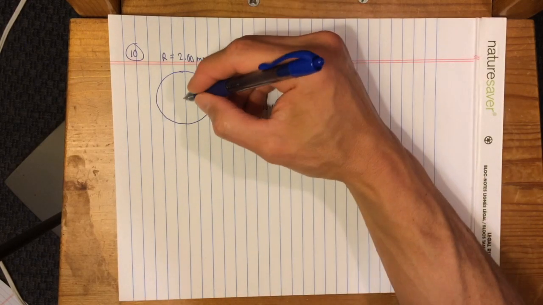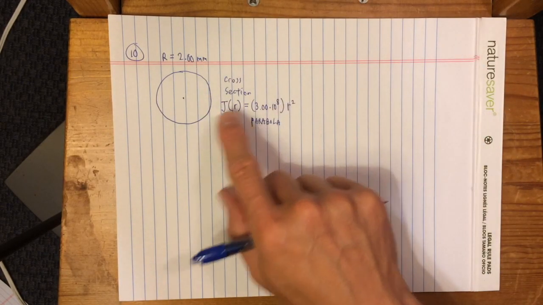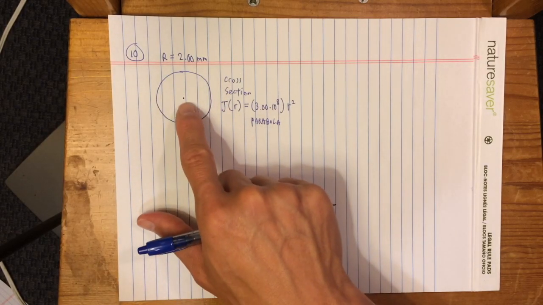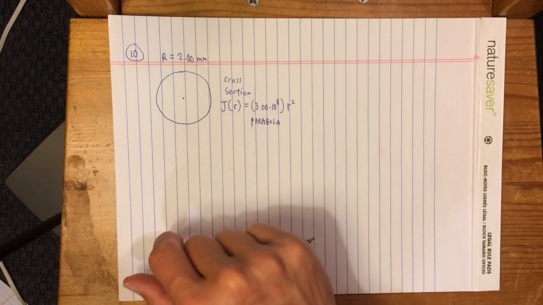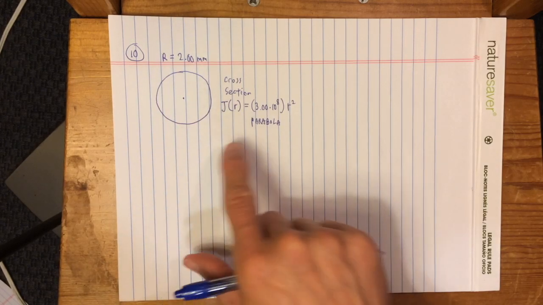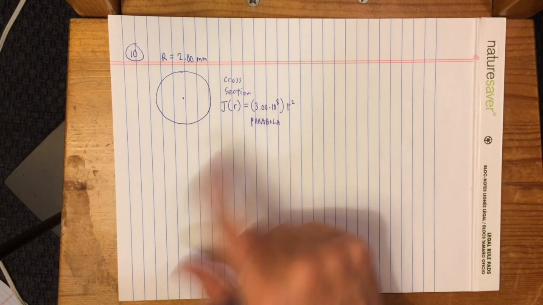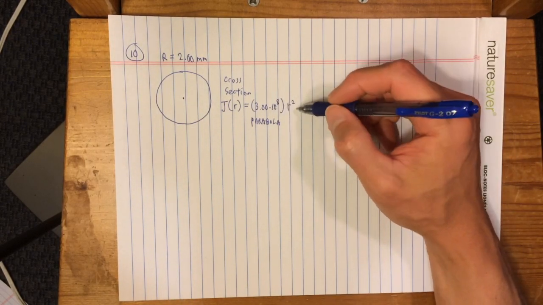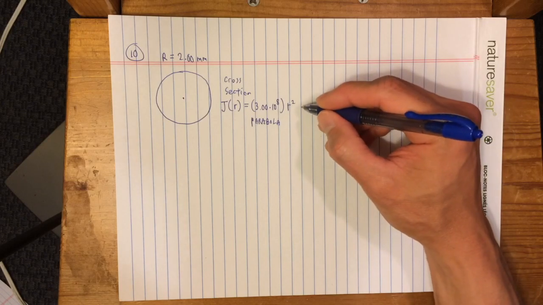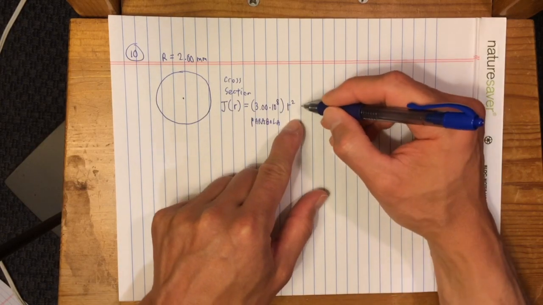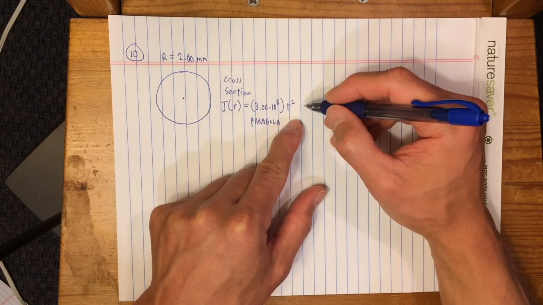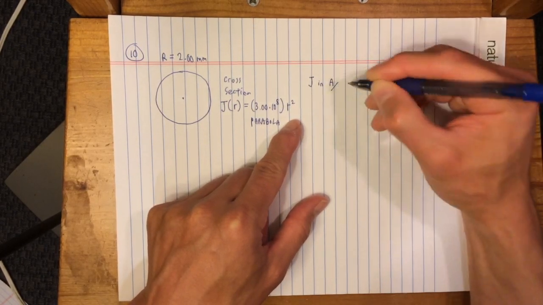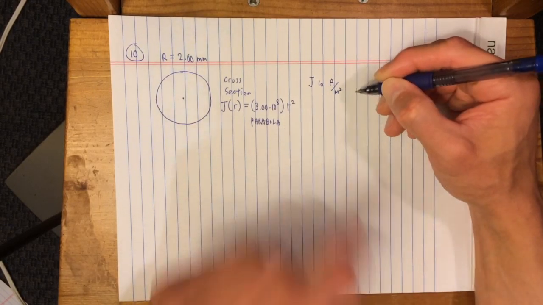And the distance r is read from the center, so we're treating r as the radial distance from the center of this wire. There are some interesting instructions on how to use this, so I'm going to think about that for a second. It says J in amperes per meter squared.